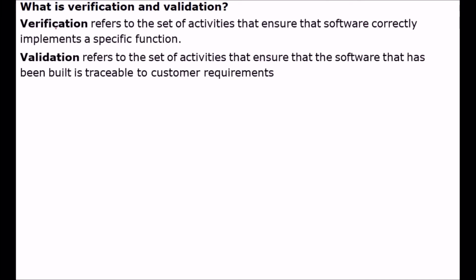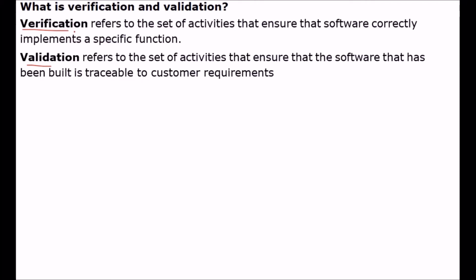What is verification and validation? In simple line, if I can tell you, verification means are you making the product right, and validation means are you making the right product.